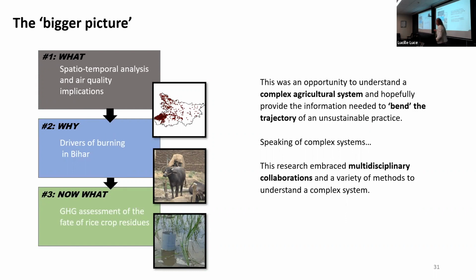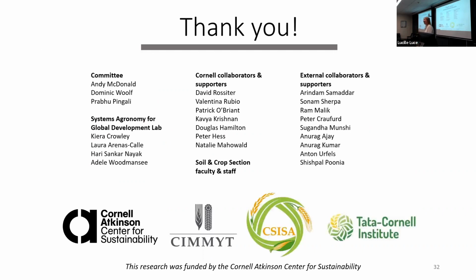But at the same time, we know these collaborations are challenging. I worked very closely with atmospheric scientists here at Cornell, and then also our social scientist partner in country. And timelines vary. Sometimes it takes a little bit longer to have these conversations. Sometimes creative tension comes up in a good way, right? And it's best in the long term. But I think when we're working with these ag systems, we are in fact working with systems, and it's worth embracing that aspect. So with that, thank you very much.